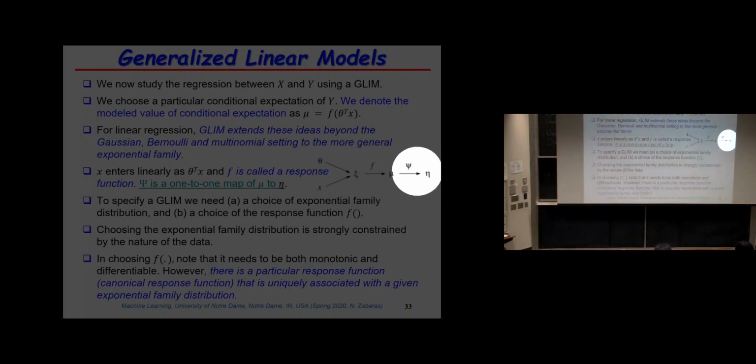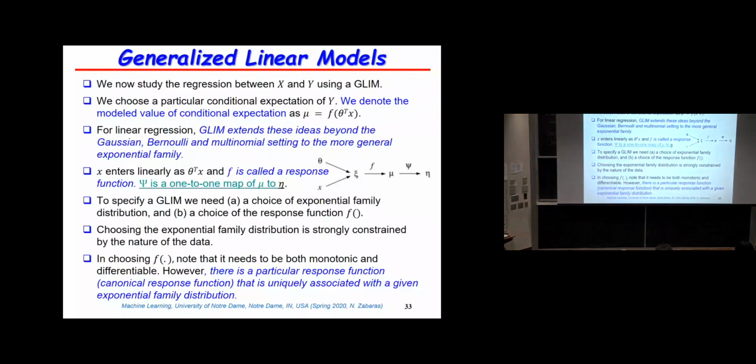That function psi that you see there uniquely identifies the particular distribution that we have in that exponential family. It's given. If you have a Gaussian, you know exactly what psi is.